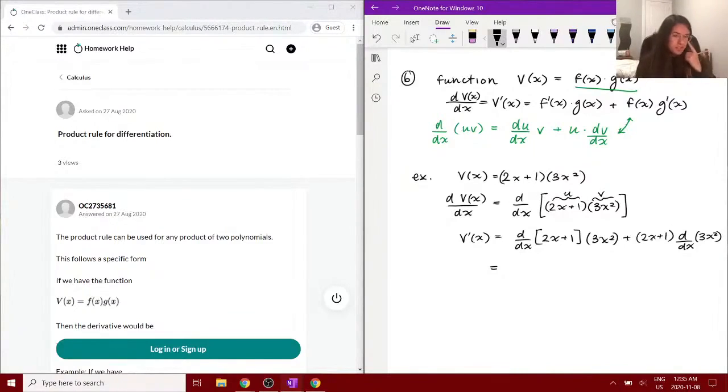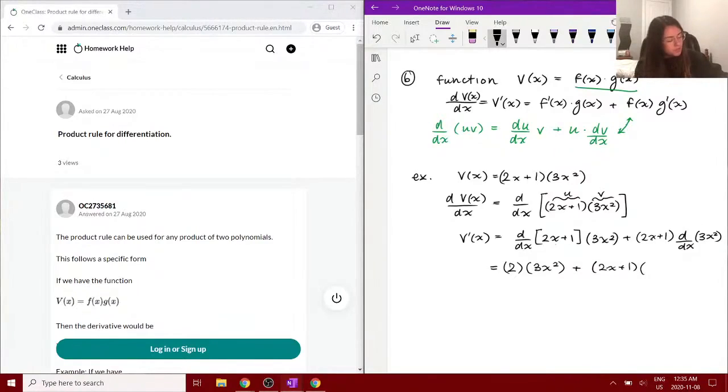You can obviously skip steps if this makes sense to you. So we get 2, that's the derivative of 2x plus 1, and remember, we just have 3x squared staying the same. So plus the next term, we have 2x plus 1 staying the same, times the derivative of 3x squared.